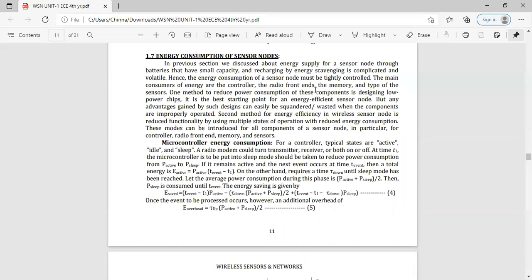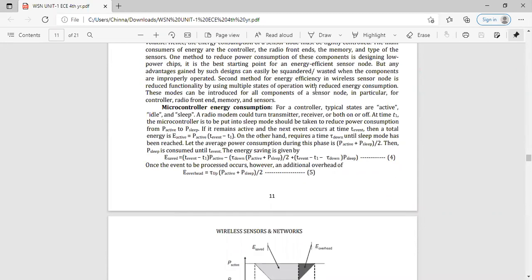Here you can see all the components of the sensor node's energy consumption with some examples. First, the major energy consumer in the wireless sensor node architecture is the microcontroller.